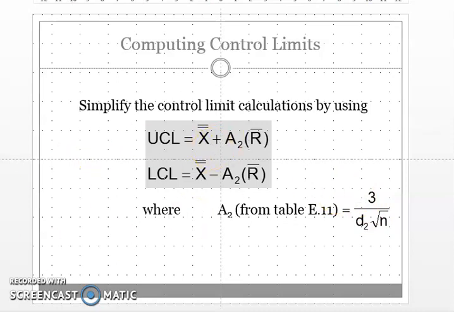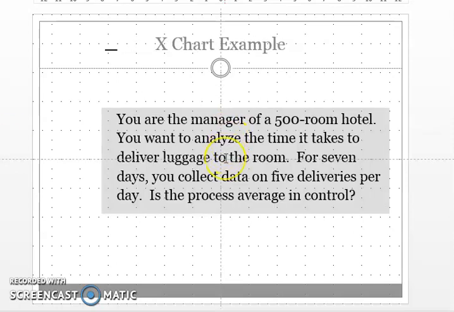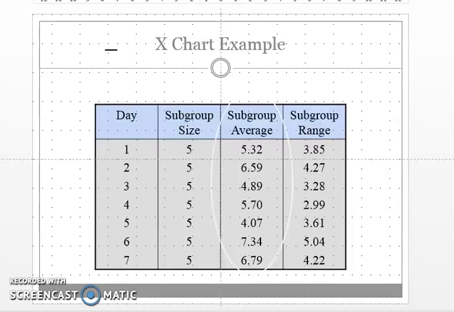Here the same problem is given, which we have solved for the R chart. Here the subgroup size is given, and 7 days readings are given.